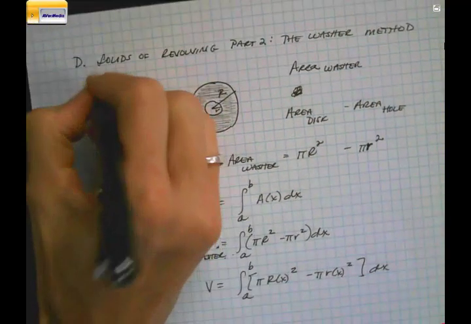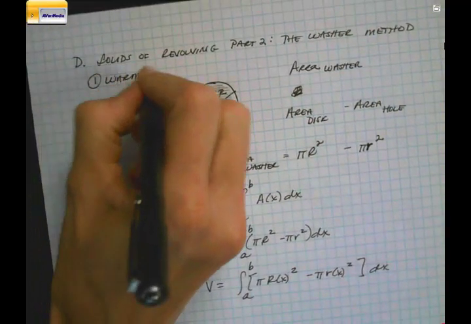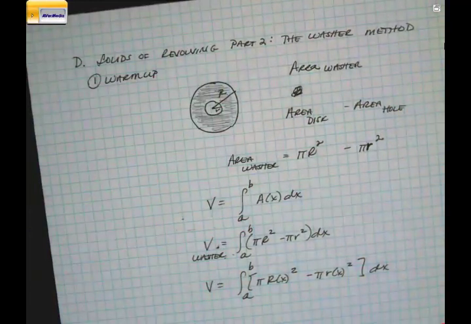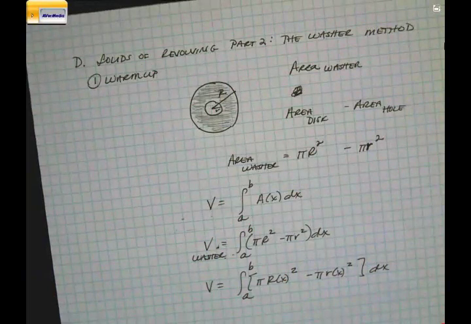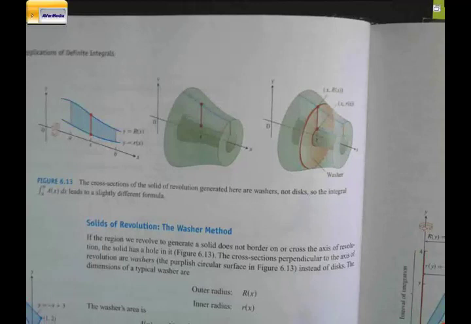If you want to keep this organized, you can call this the warm-up to the washer method. They have an image of this in our textbook, done quite nicely, where you put a hole in the middle of your object. This is on page 314. Here's a strange-looking object.